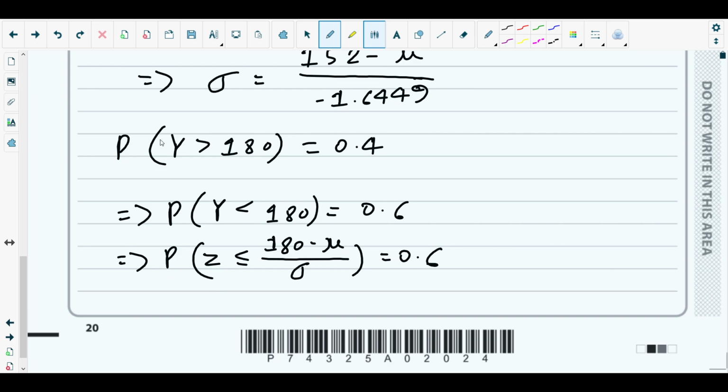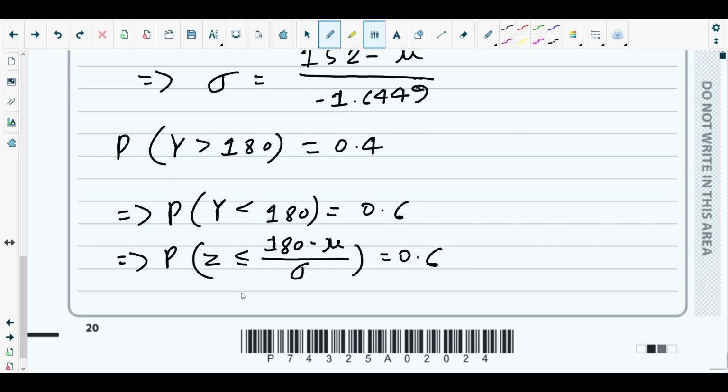Now you can use your calculator mode, then press inverse normal, and then we need 0.6 area, that gives 0.2533. You can get it from the booklet also, that is 0.2533.